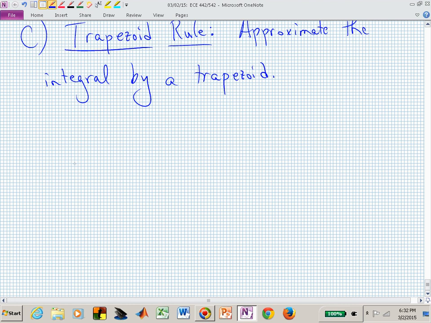We are now approximating this integral from little nT minus capital T to little nT of x of tau d tau. That's now approximated by, we still have the same width, it's just now we're taking the average of the rightmost endpoint and the leftmost endpoint of the height of that x of t curve or waveform.